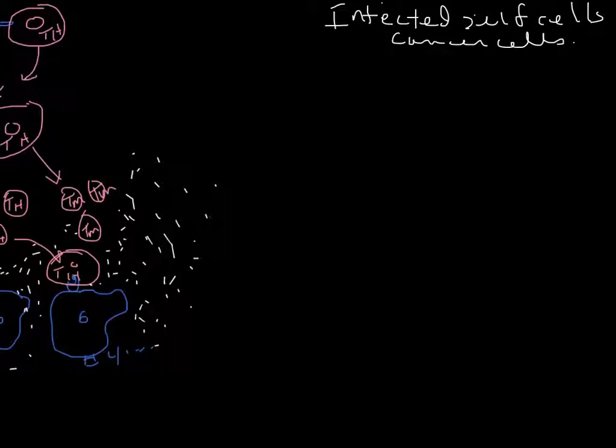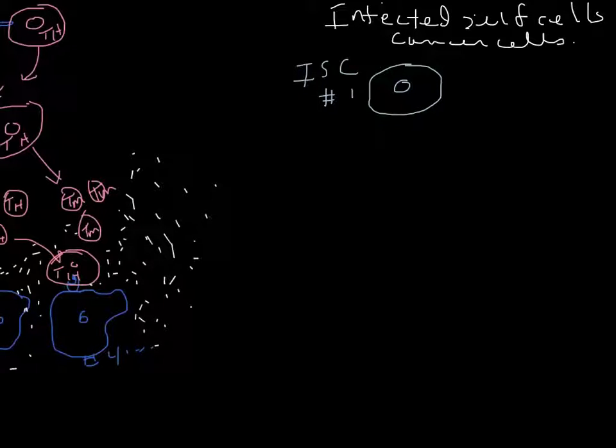These cells are going to have a different MHC complex, as we learned in class. And so when we look at these infected self cells, we'll do them in gray. We'll call them infected self cell. All right, number 1.